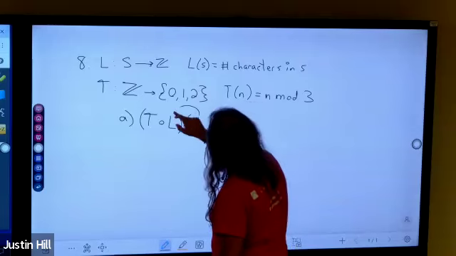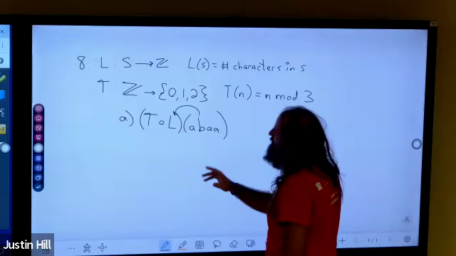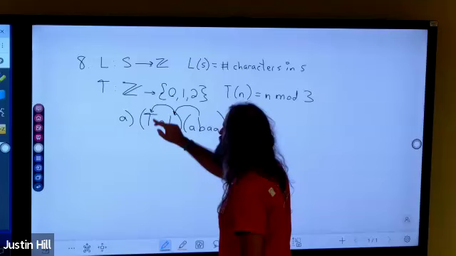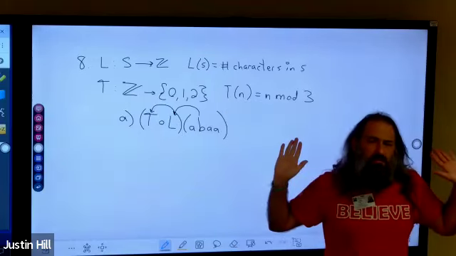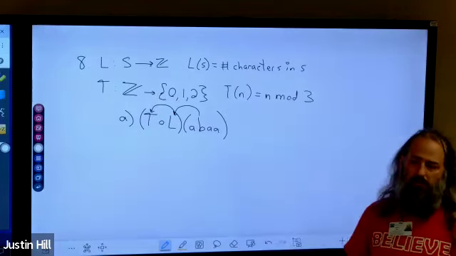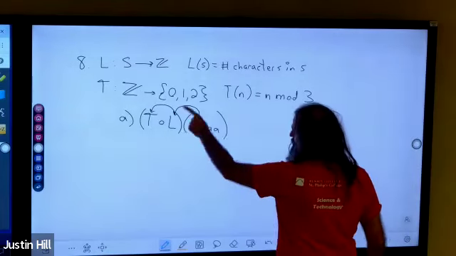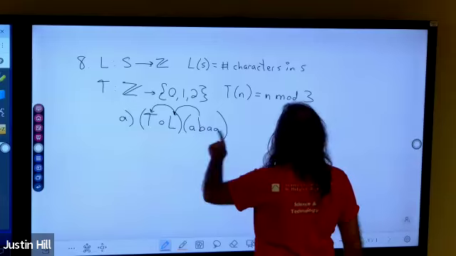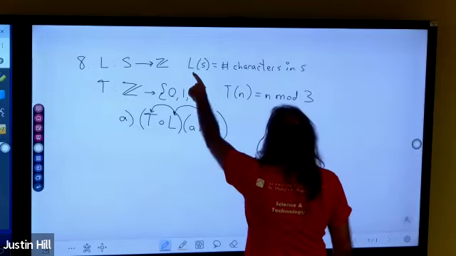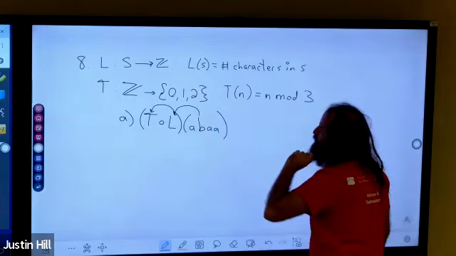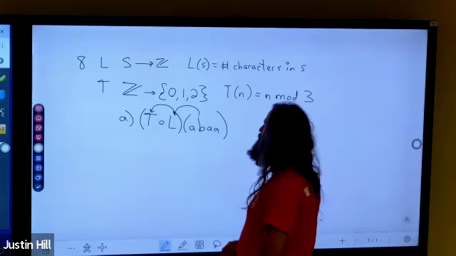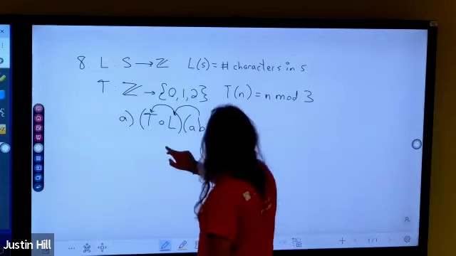All I'm going to do is plug this into L. I'll get a result out of that, and whatever results out of that, I'll plug it into T. Works just the same exact way you do if these were algebraic functions. So let's plug it into L. So we want L of ABAA. And L again is the number of characters. So what is L of ABAA? So we'll just kind of do this in steps.